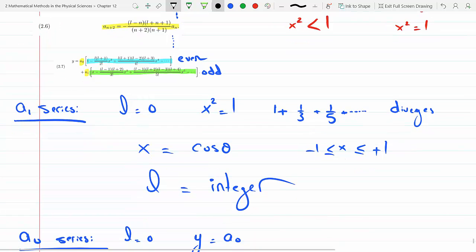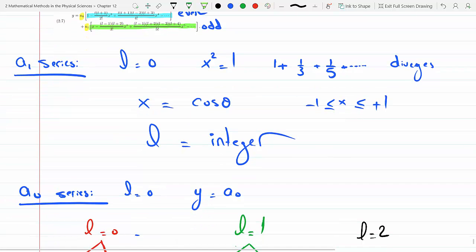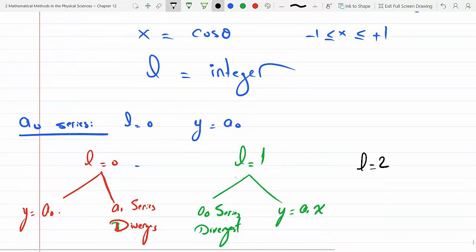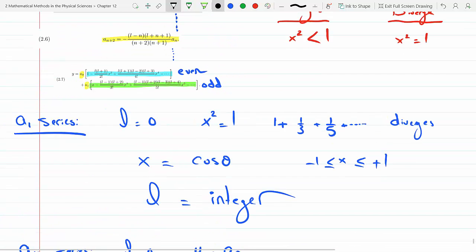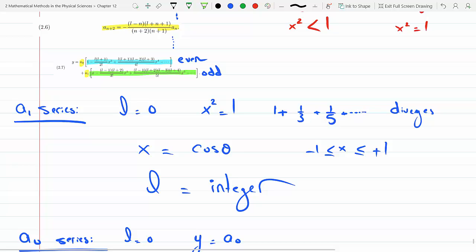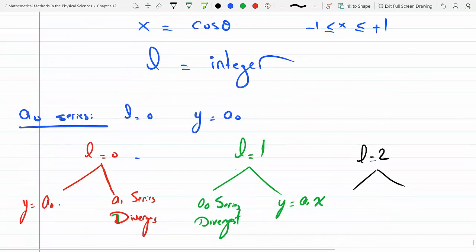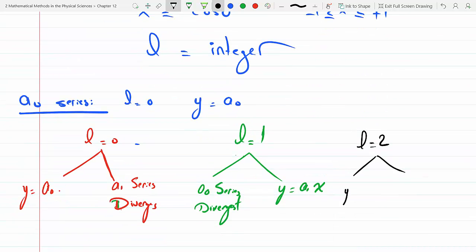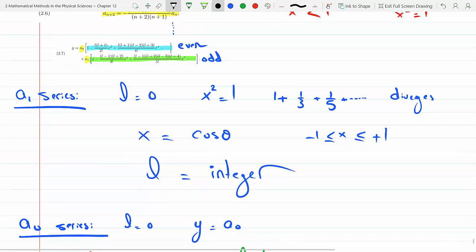So the a0 series will be a0 times 1 minus 3x squared, if L is 2.